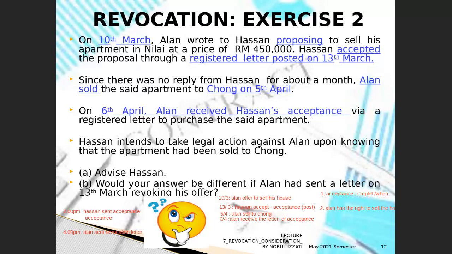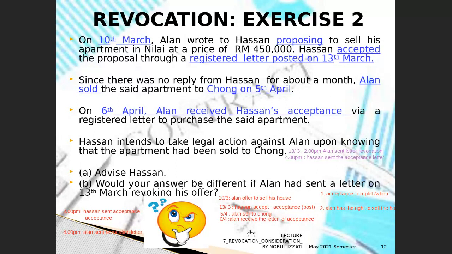This scenario sometimes just makes you confused, but the answer is similar. And then let's say 4 p.m., Hassan sends the acceptance letter. Now you can see here, would your answer be different?